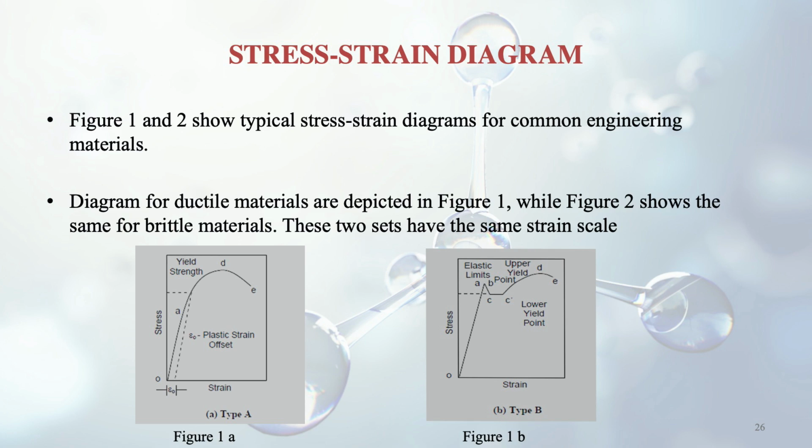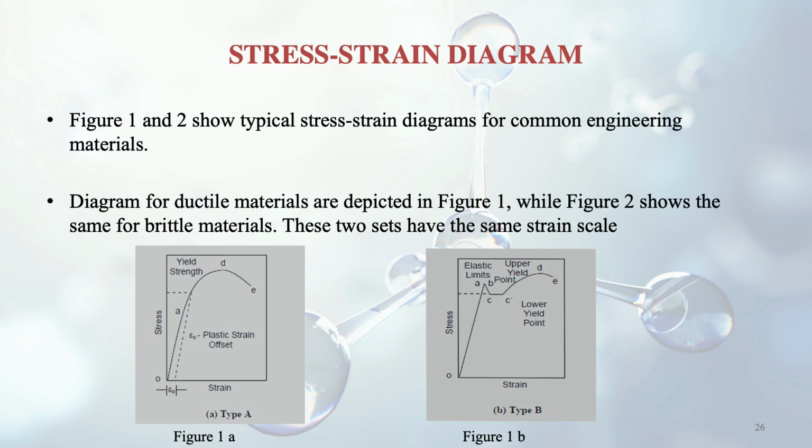A ductile material is something which can be drawn into wires. It is not going to break immediately when stress is applied. It slowly elongates and finally breaks at a certain point. Whereas a brittle material, as soon as you apply a load which it cannot bear, will break immediately.